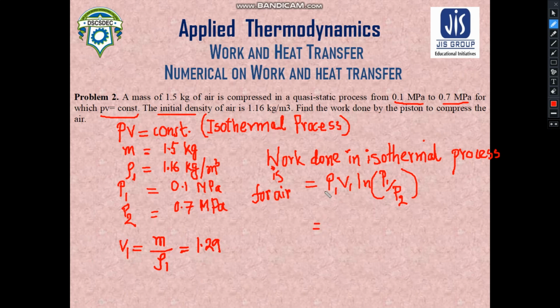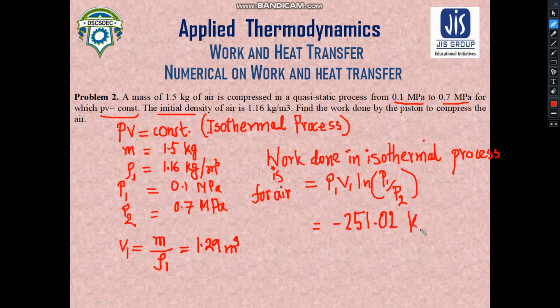Now if you put the values, P1 as 0.1 megapascal and P2 as 0.7 megapascal and V1 as 1.29 meter cube, then you will find a result of minus 251.02.